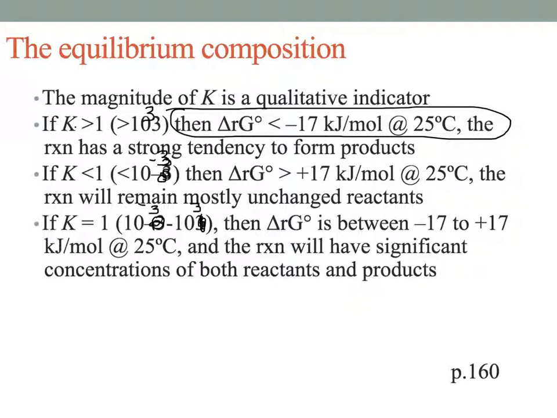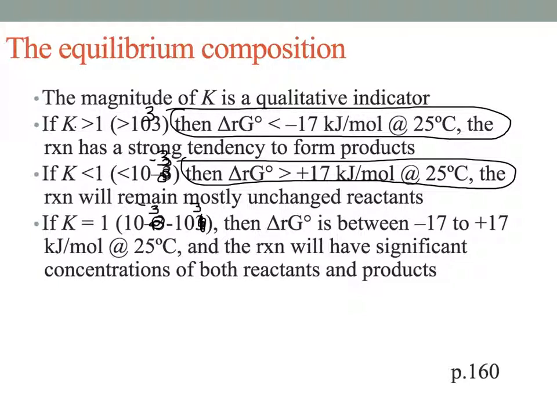And if it's on the order of a thousandth, or 10 to the negative 3, then you can estimate that the standard reaction Gibbs energy will be on the order of about positive 17. So that's about the only significant difference in this slide.